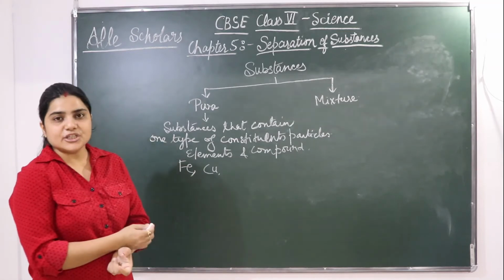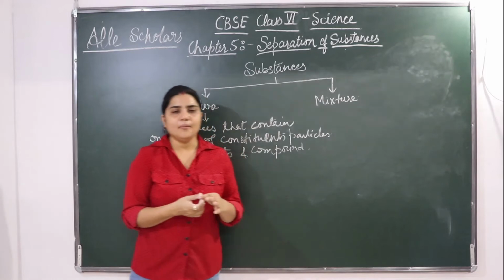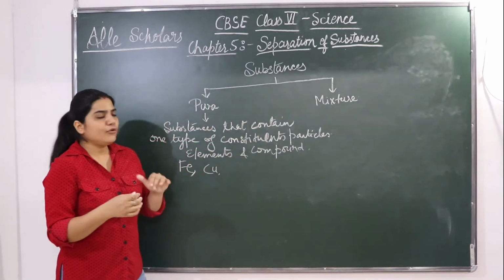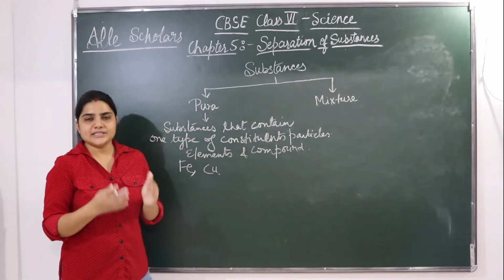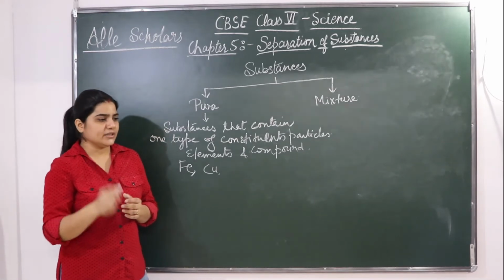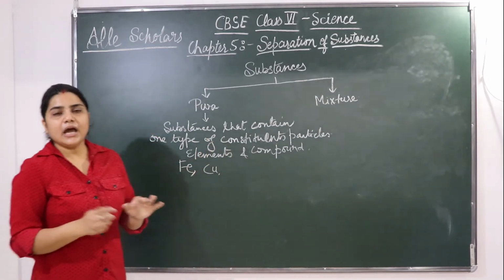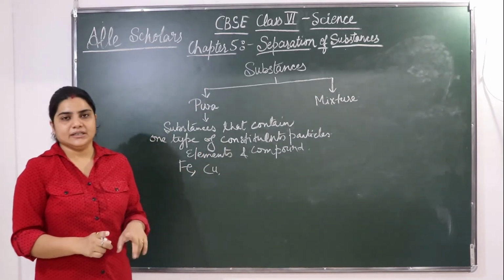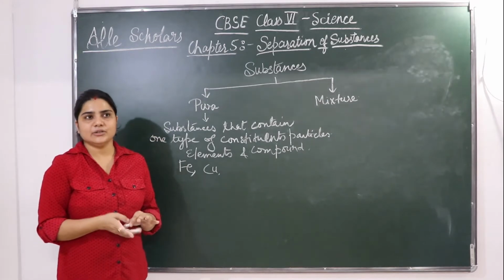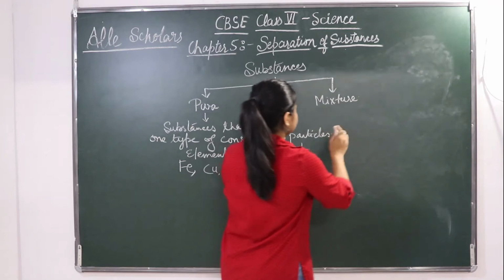Next comes mixture. A mixture is a material made up of two or more different substances. Okay, two or more different substances are mixed together, which are mixed but are not combined chemically. They are not combined chemically, but they are mixed together.